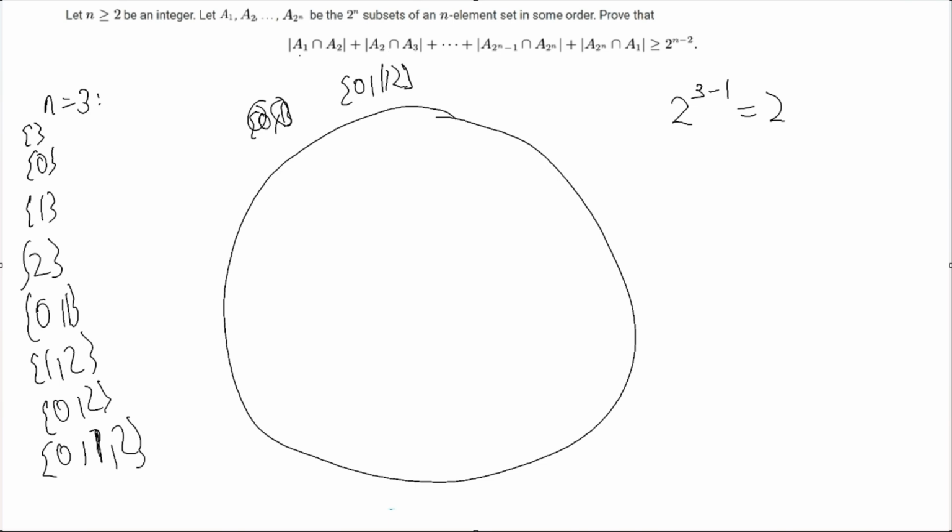So that means that if we get a total contribution of 2 from the 0, 1, 2 and the other one, we end up being done. So we want to minimize the contribution we get from 0, 1, 2. So we can put the empty set here if we want to minimize it.